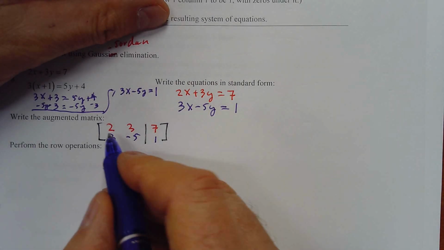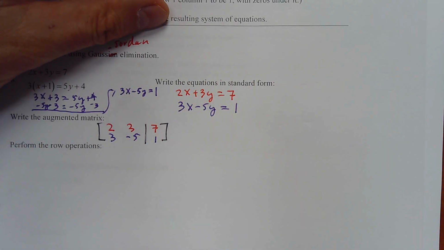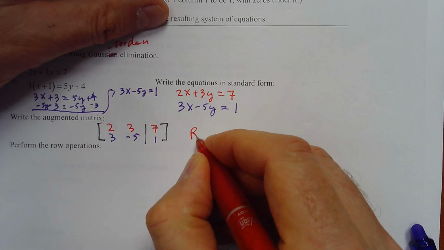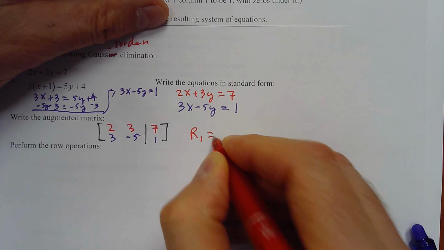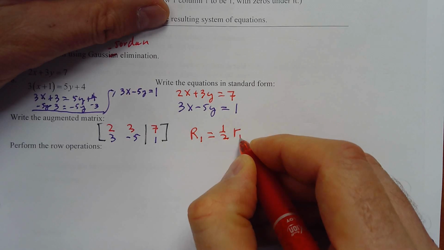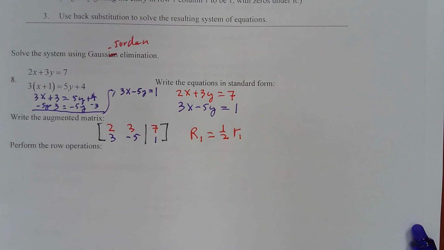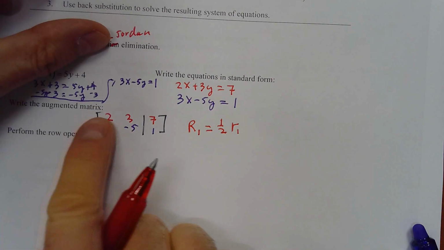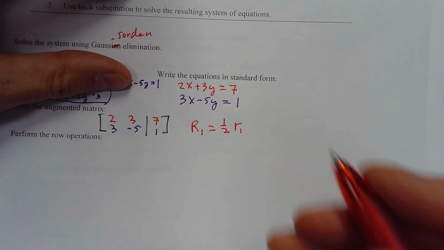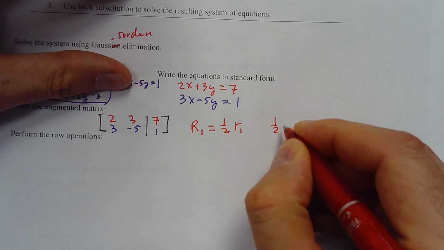So I first need to get a 1 here. So I'm going to do row 1 equals 1/2 row 1. The book's going to use a capital R there. I'm going to use a lowercase so that you know I'm actually operating on this, and this is what my answer is. So 1/2 of row 1.